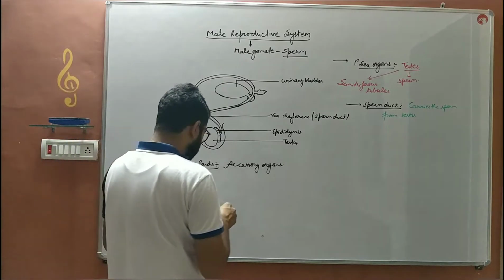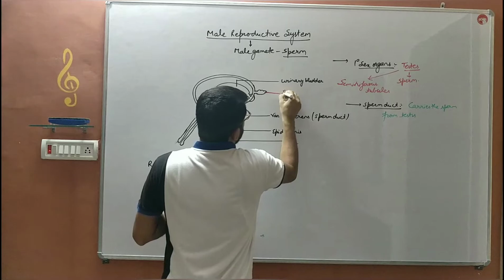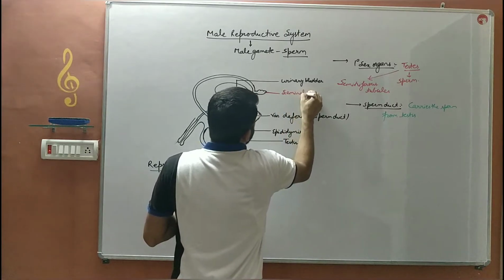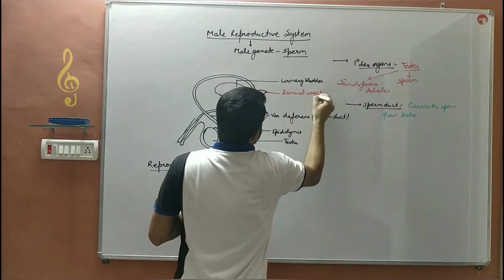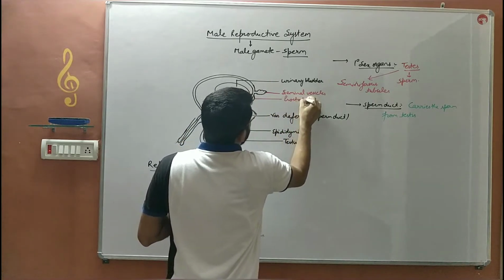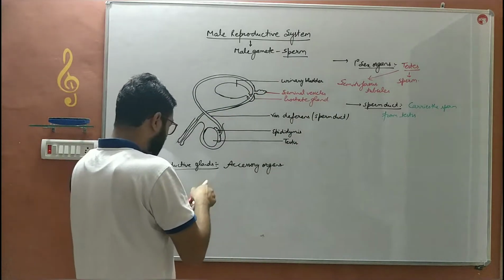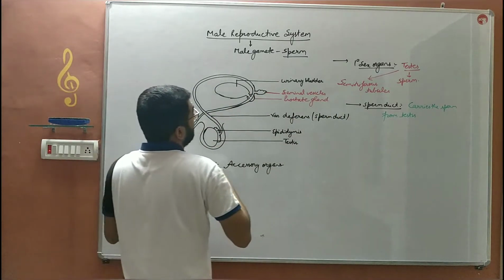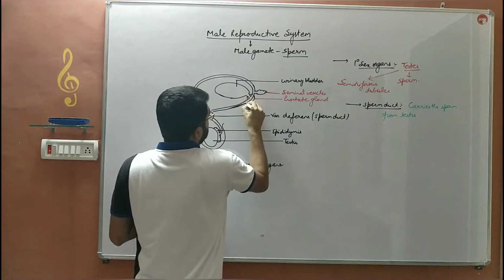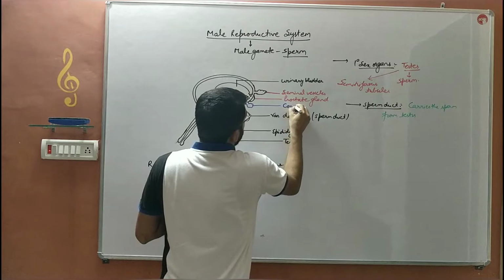There are three glands. The first one is the seminal vesicles. The second one is the prostate gland. And the last, the third one, is Cowper's gland.